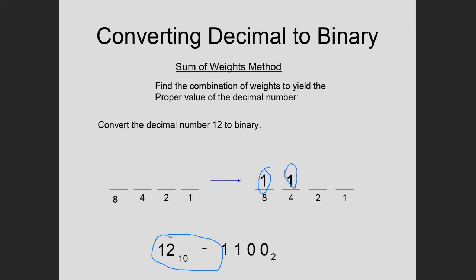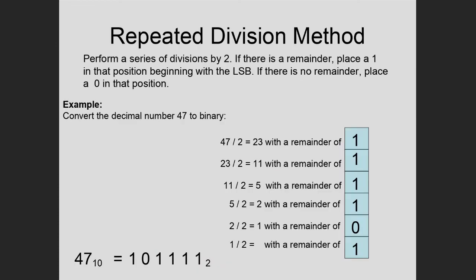And when I add this up, 8 and 4, I get 12. So I put the 2 zeros in the positions over the 2 and the 1, and I get 1, 1, 0, 0 base 2. A 12 in our number system, a 12 base 10, is 1, 1, 0, 0 base 2 in the binary number system. That is the way you think about that.